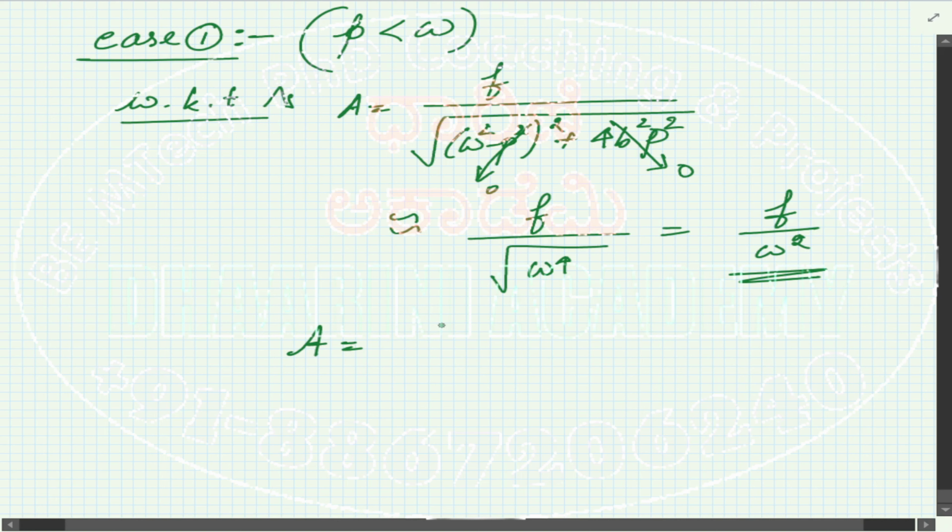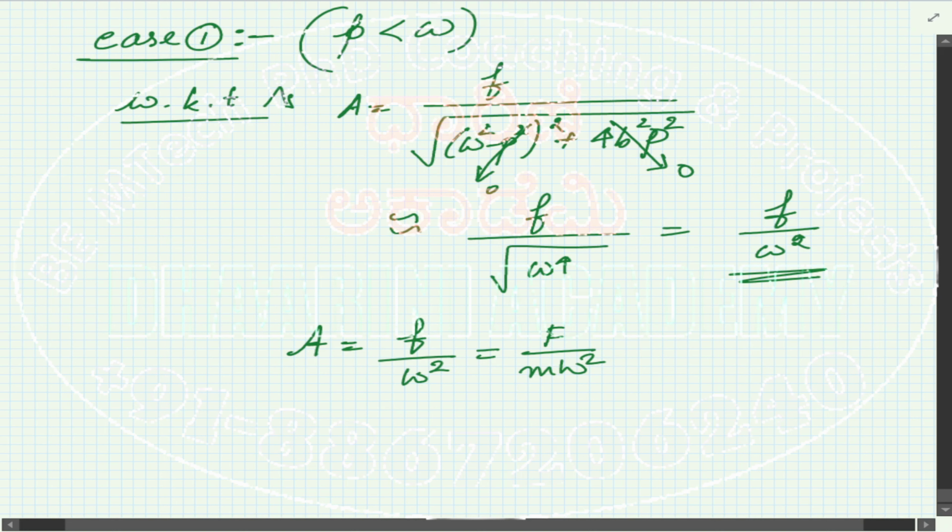So we can write A is equal to, there are other forms in which we can write. So there is a term f by omega square which we have just now found, but I replace small f by capital F by m, that is small f, into omega square.